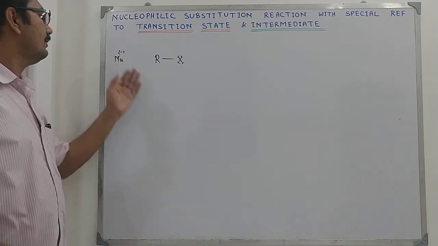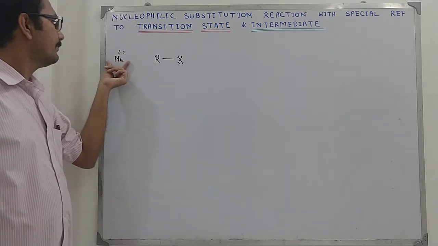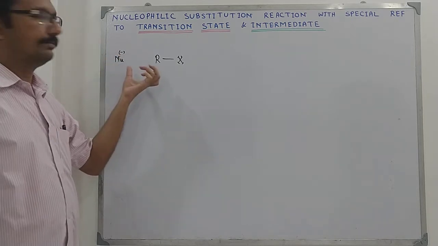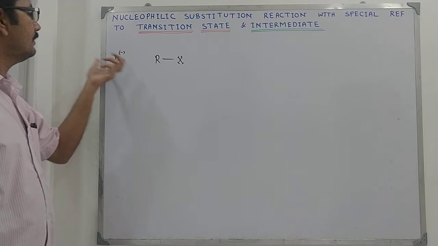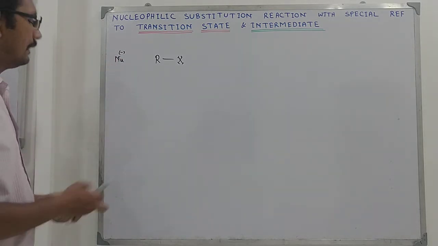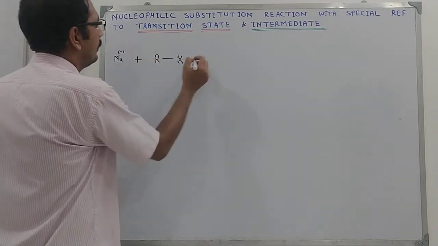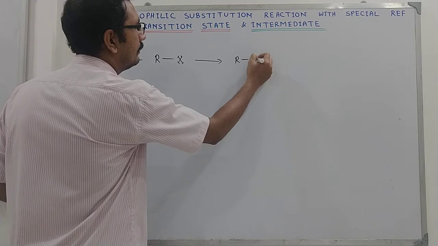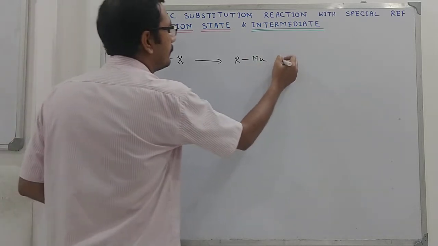Now it may be neutral, it may be negatively charged, and even it may be positive. For simplicity we are considering it to be a negatively charged species. Now it will react to give the product like this.